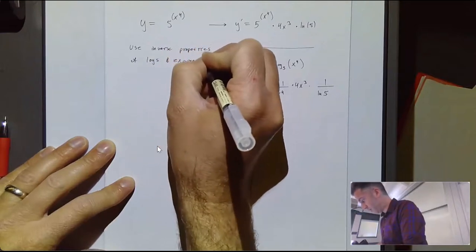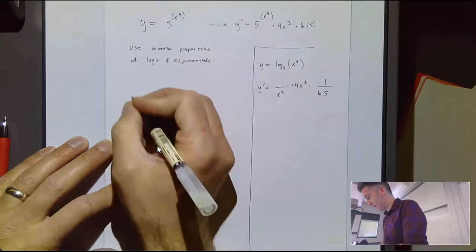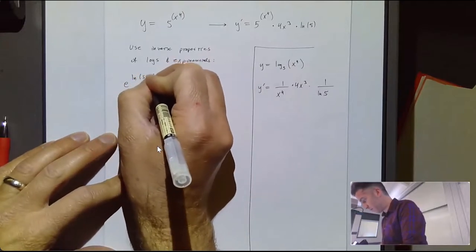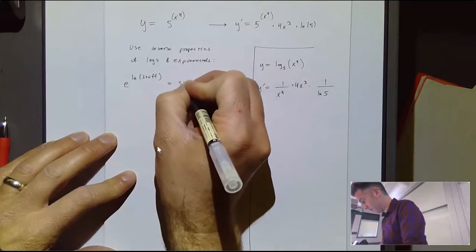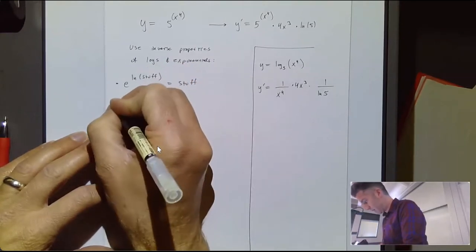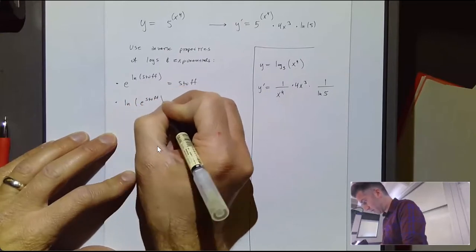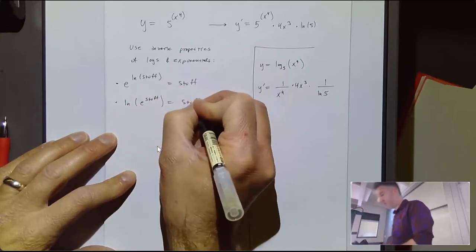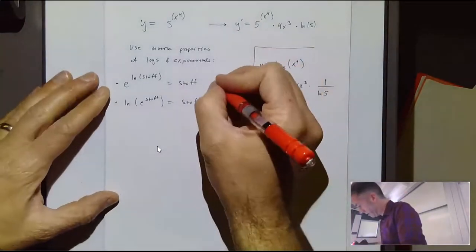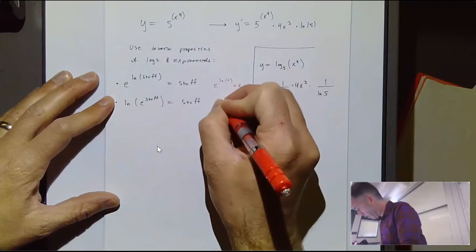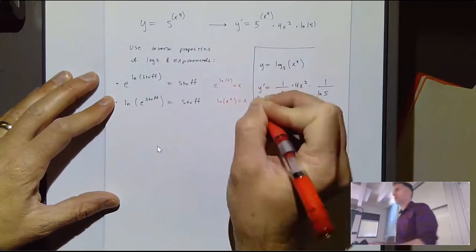What are those properties? They say e to the natural log of some stuff is just the stuff, and the natural log of e to the stuff is just the stuff. Or more normal people might write it as e to the natural log of x equals x, and the natural log of e to the x equals x. Who wants to be normal?